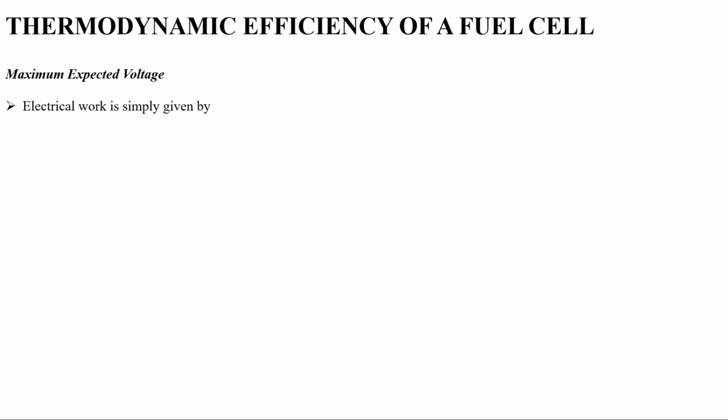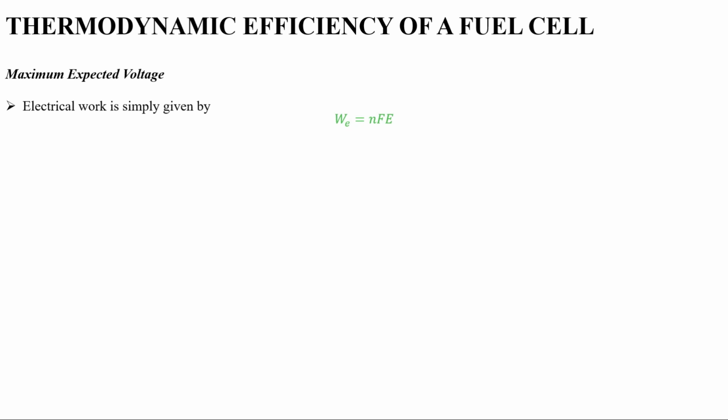I hope you have learned electrical work in terms of QV. If we define voltage as work done per unit charge, then electrical work will be the product of voltage and charge.